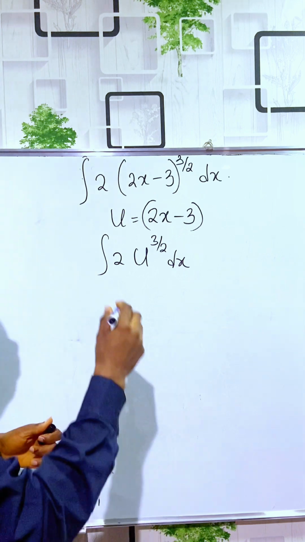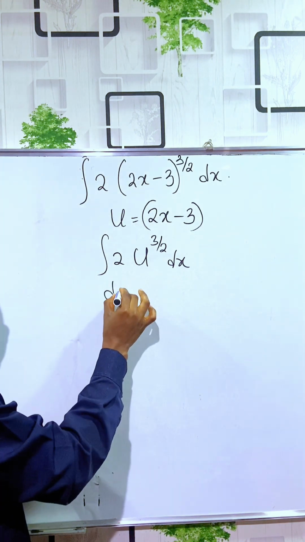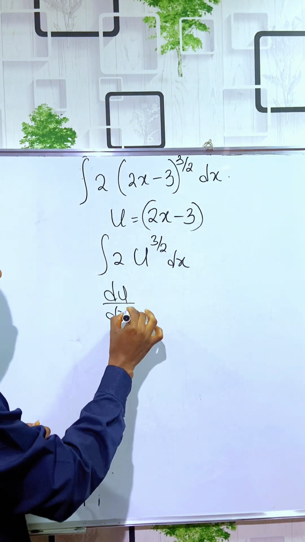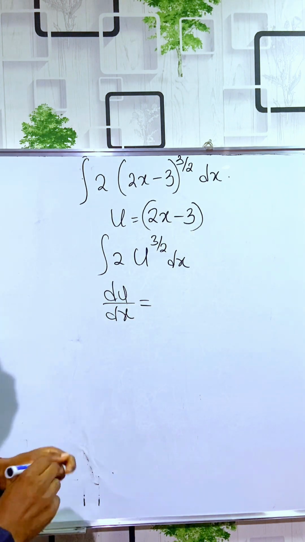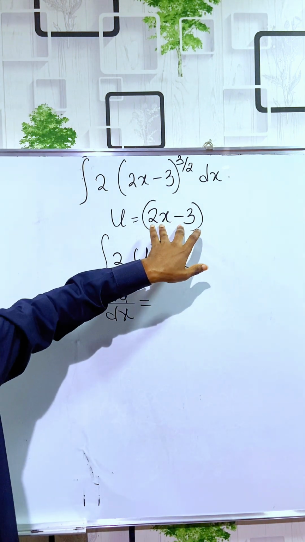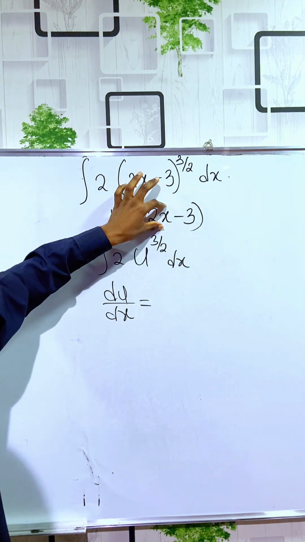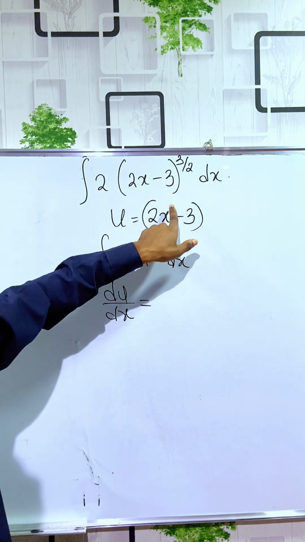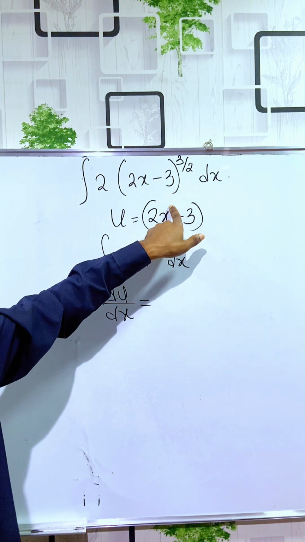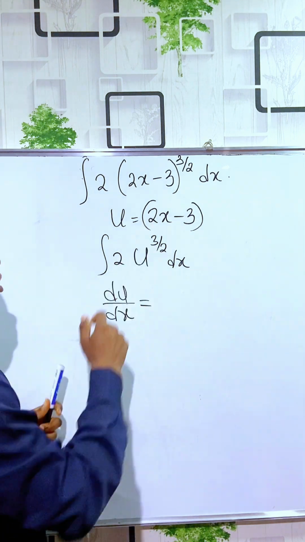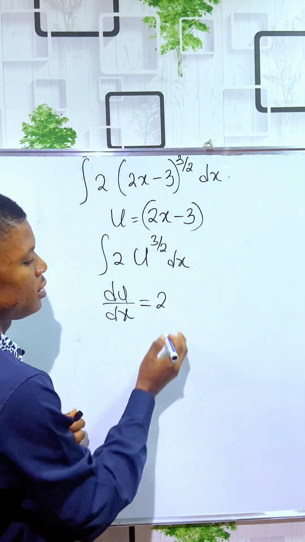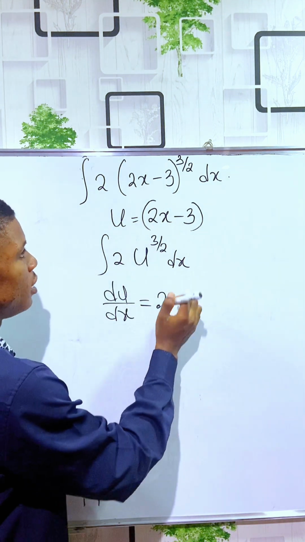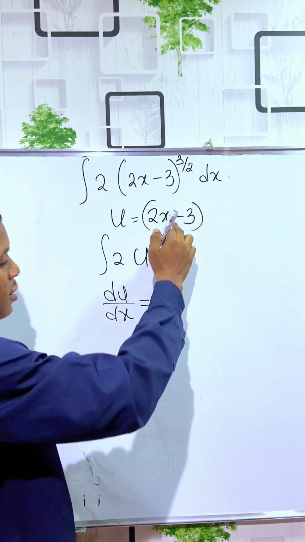So when you differentiate u with respect to x, that is du/dx, we differentiate this function. To differentiate 2x, we subtract 1 from the power, and the power is 1 already, so you can see that it is 2. Then differentiating a constant gives 0.